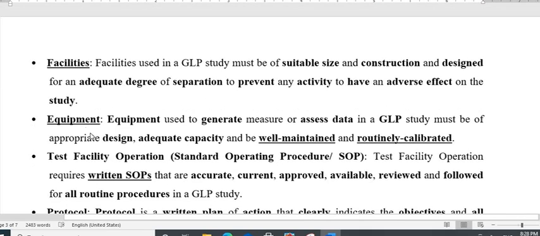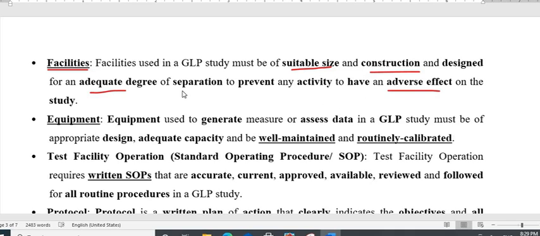Now we have to go through the facility under the GLP. The facility must be a suitable site. The construction and design should be adequate, to prevent any adverse effect.